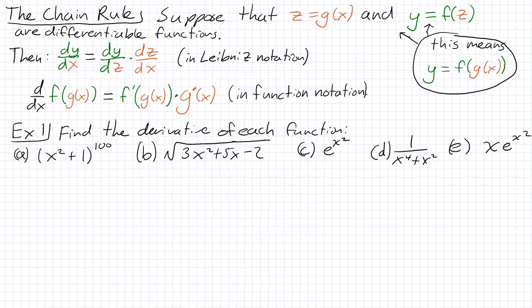So we're going to have the same kind of situation as before, where there's a variable x that changes, and as x changes, z changes according to some function g, and as z changes, that will in turn make y change. So you essentially have a function composition in this situation, because if you replace this z with its version in terms of x, you have a function composition here.